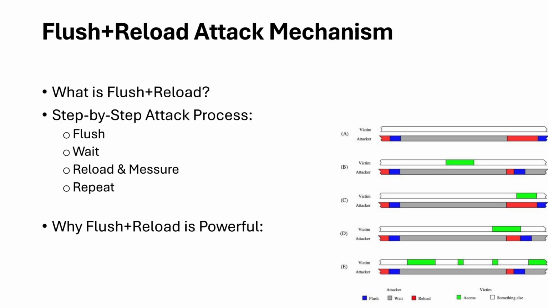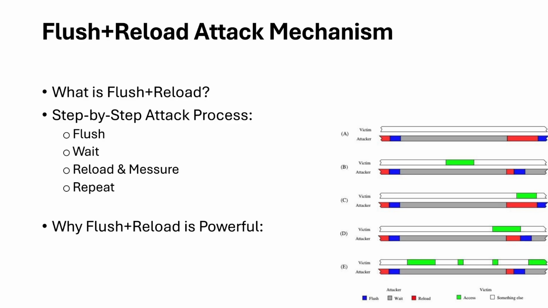Then we reload and measure. The attacker accesses the memory. Fast access would mean that the victim used the memory, so we get a cache hit. Slow access would mean that the victim did not use it, and we get a cache miss. Then we repeat. This process is repeated to trace the execution patterns of our victim.